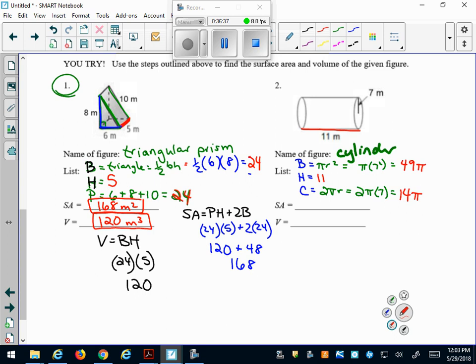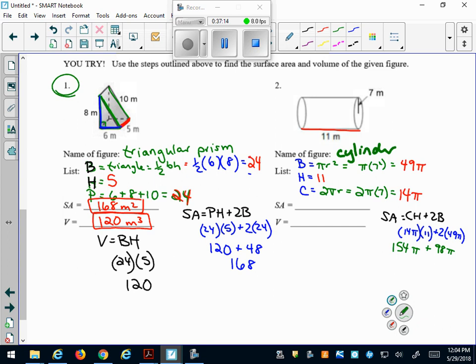So surface area, again, we're going to have CH plus 2B. C is 14 pi. H is 11. Plus 2 times area of the base is 49 pi. 14 times 11, 154 pi. Plus 2 times 49, 98 pi.